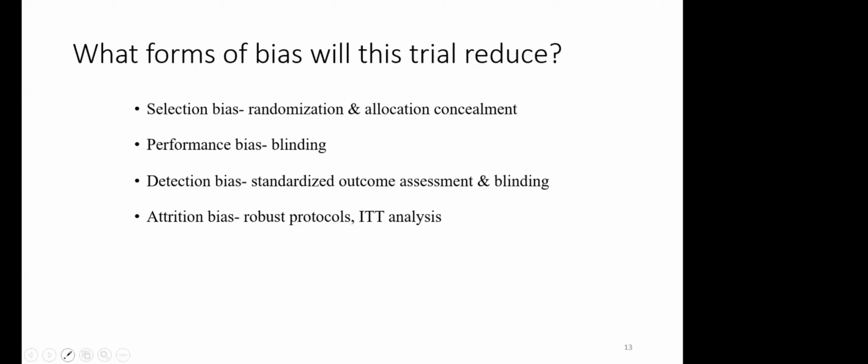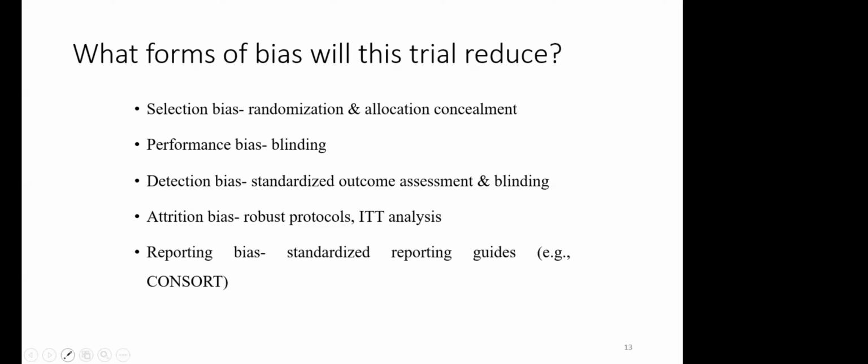So this basically means that all randomized participants who were included in the study at its start, their data will be analyzed in the final analysis, regardless of whether they dropped off the study or they continued throughout.